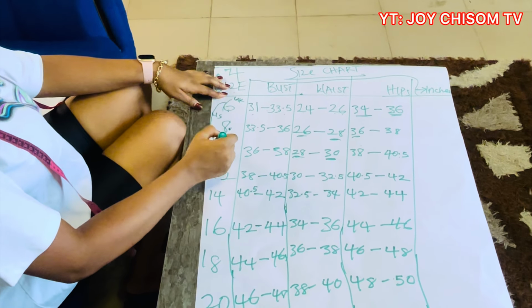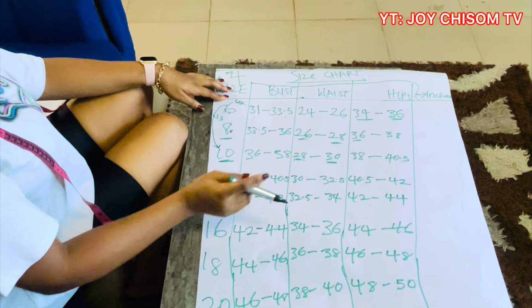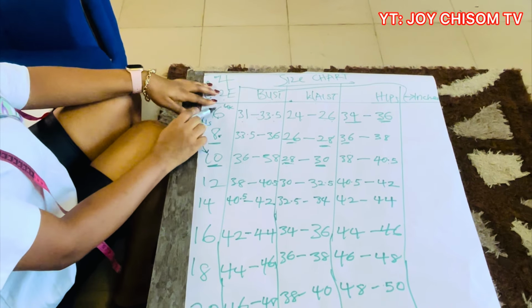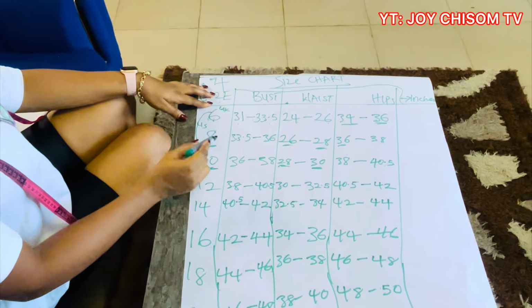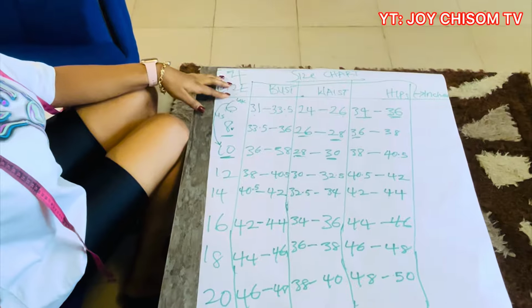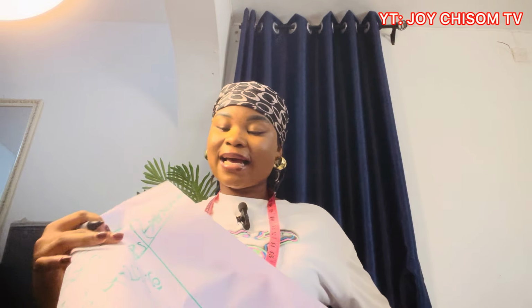This one will now come here. You understand? This UK will now become 10, while US will now become 6. Do you understand? Okay, so that is all for the size chart.